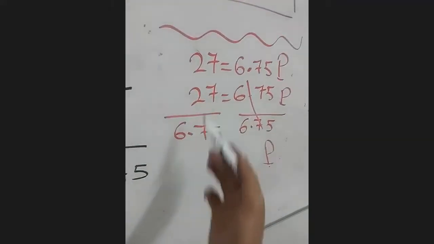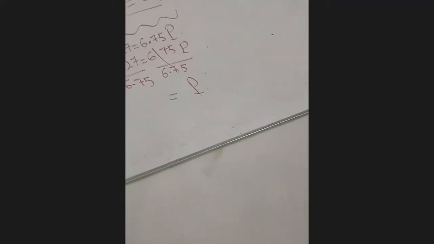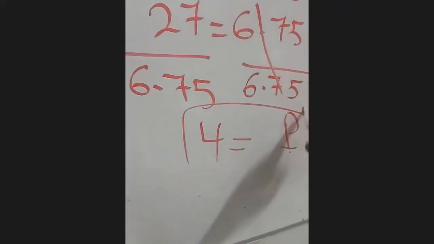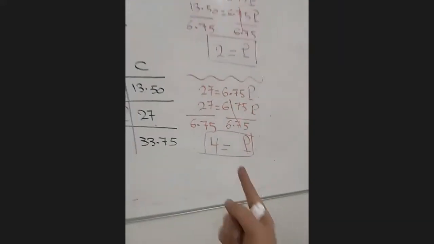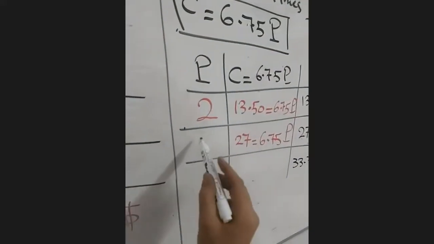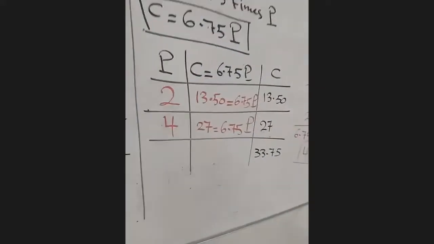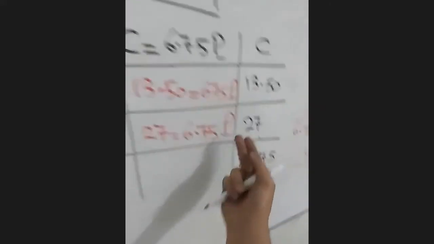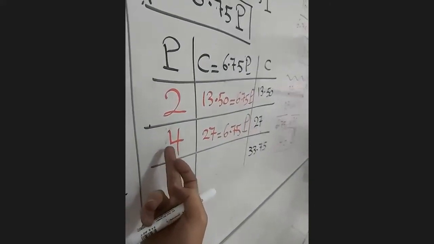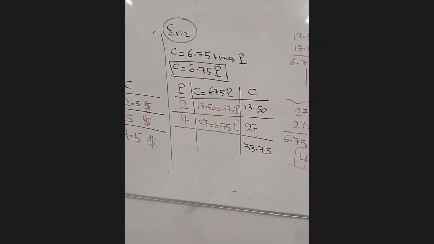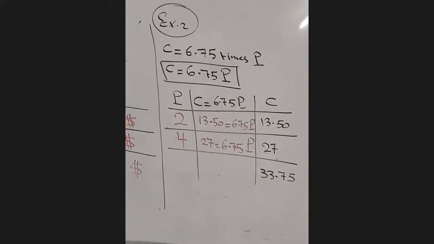If you divide these two numbers, P will be 4. I take this 4 for the P and fill the table. If the cost is $27, this means that you bought 4 pizzas.